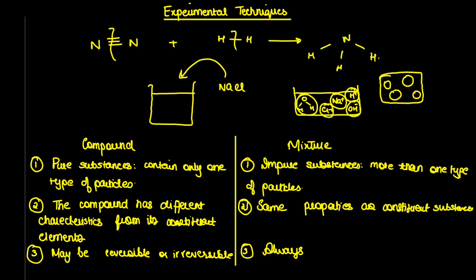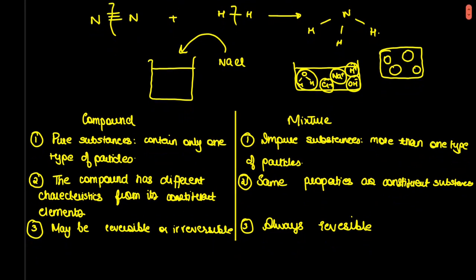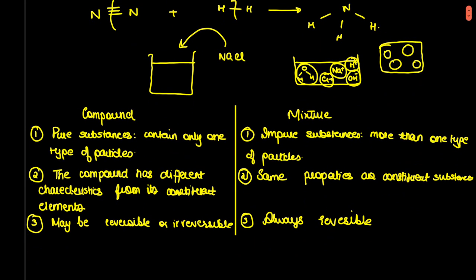I can always get back the constituent substances from a mixture. Always reversible. And it is this point that we'll be studying in great detail in this chapter. Alright, let's move on to the fourth property.